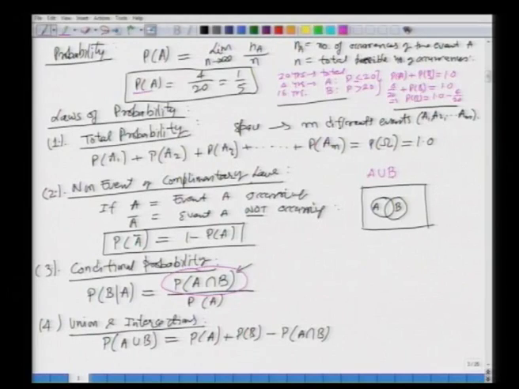So, depending upon that we define A union B and A intersection B, right. So, A union B means this whole thing. So, this whole area is how you define the A union B, and the probability is given by this. Okay. How about A intersection B?